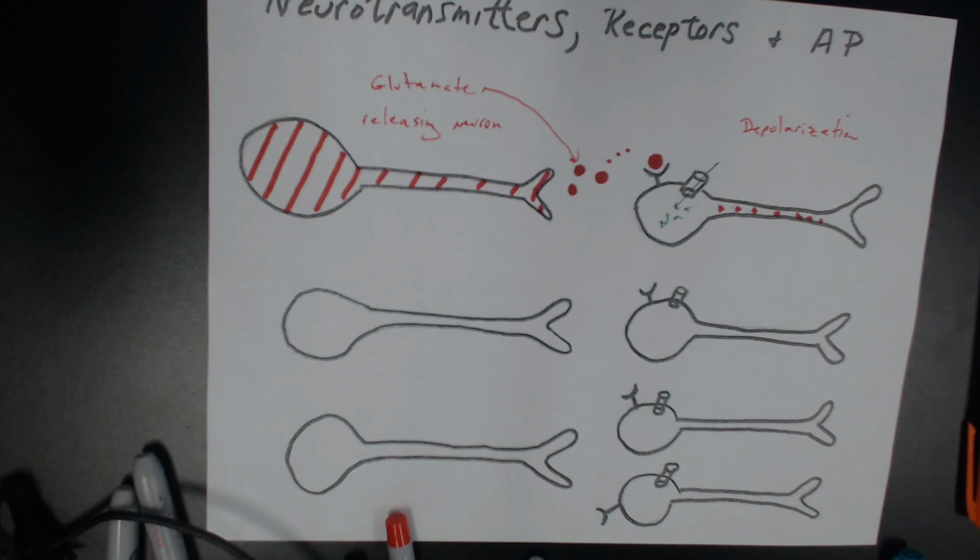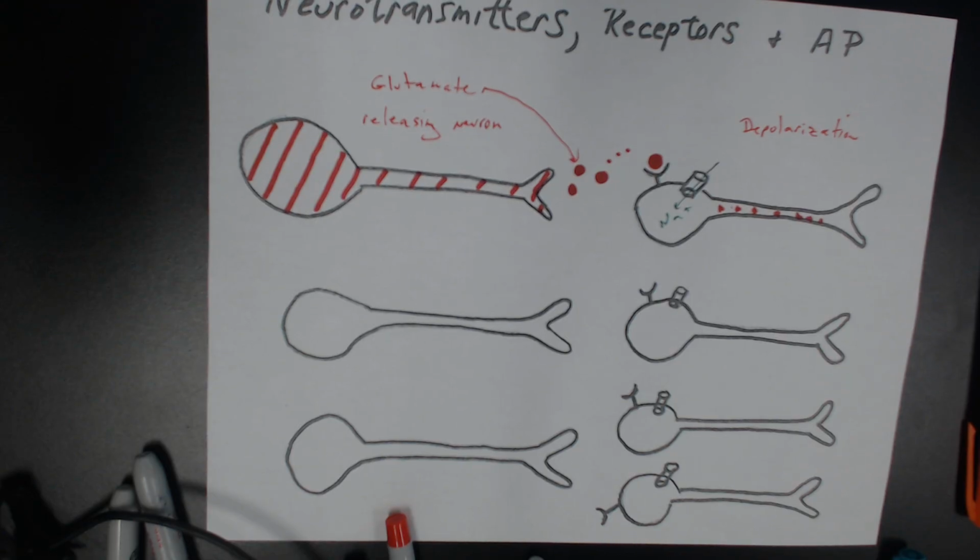Yes? What does NA do again? Sodium is going to come into the cell, flood into the cell, causing that cell to become more positive, resulting in an action potential happening. Okay? Questions about that?